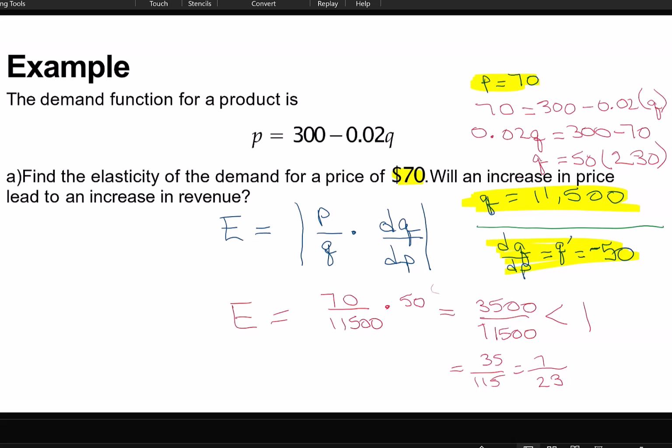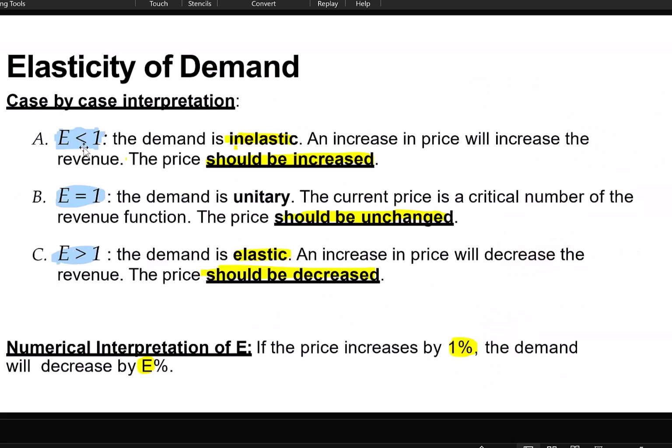This is inelastic. It should be increased. Inelastic should be increased. Unitary remains unchanged. And sorry, the elastic doesn't go with decreased, but if you got the other two by a process of elimination, you could get that.